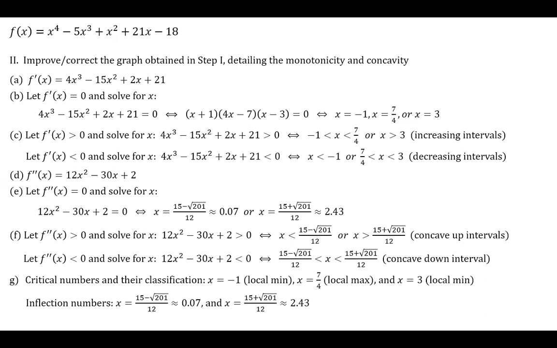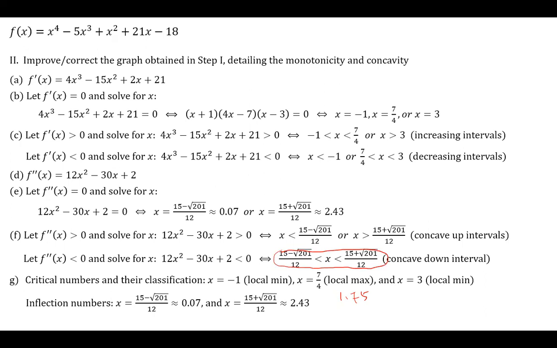You can also do that by checking the second derivative at that point. For example, the first derivative at x equals 7 over 4 is 0. Then when x equals 7 over 4, we look at the second derivative, which can be found here. 7 over 4 is 1.75, right?